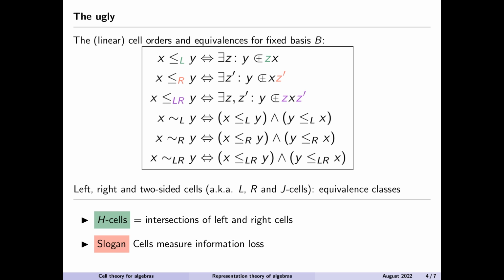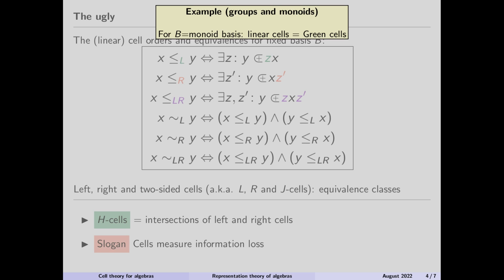Make some sense? And I would like to play exactly the same game. Right? Left cells, right cells, J cells, H cells, intersections, and measure now how far away you are from the group-like elements. That's what I said.